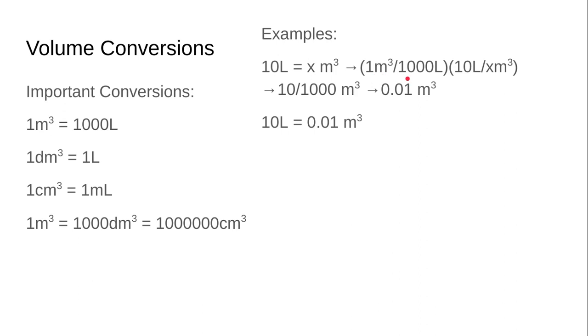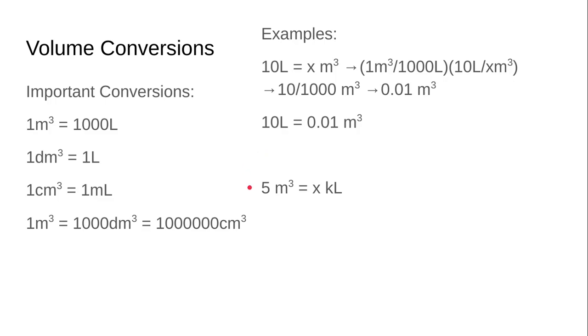This allows us to cancel out the liters and leave us with just meters cubed. In doing this, and when plugging it into a calculator if needed, that gets us to 0.01 meters cubed. So now we know that 10 liters is equal to 0.01 meters cubed.